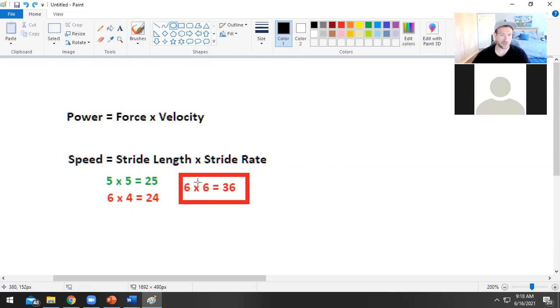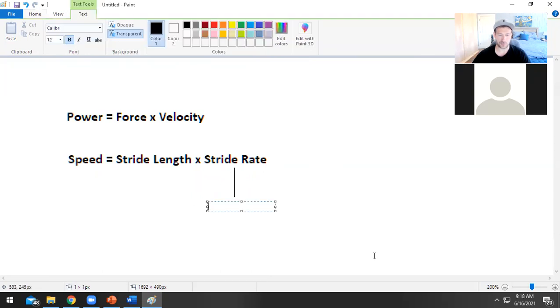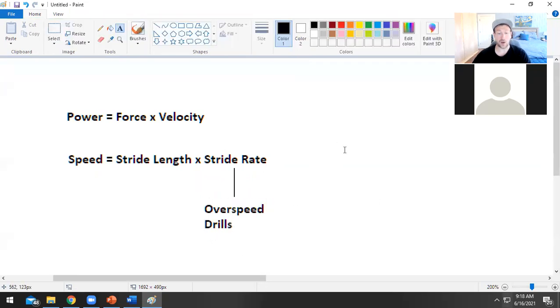In fact, you know what I'll do is I'm going to go ahead and delete this here. And we'll draw a little line here. So overspeed drills are going to be an effective way to train for that. So that's a really good way to improve that.